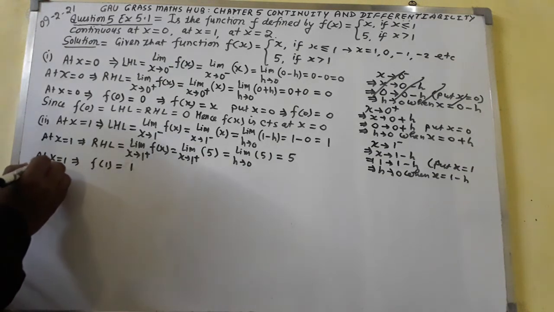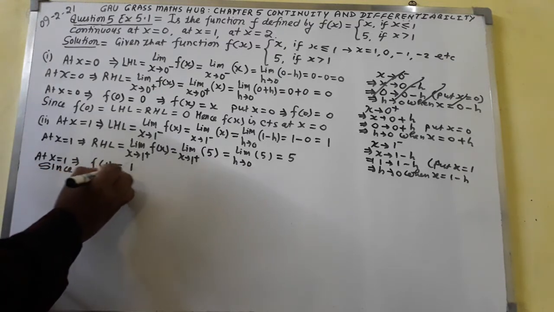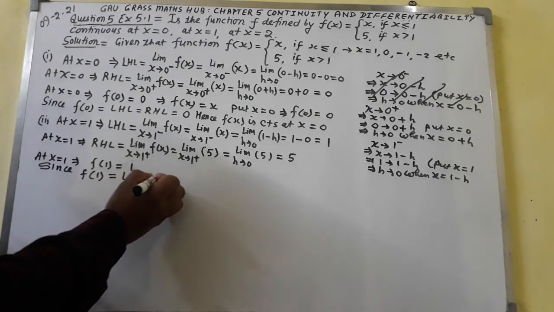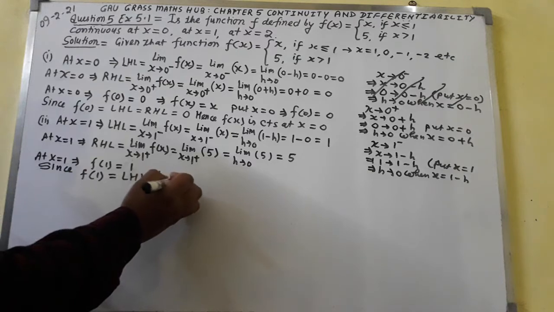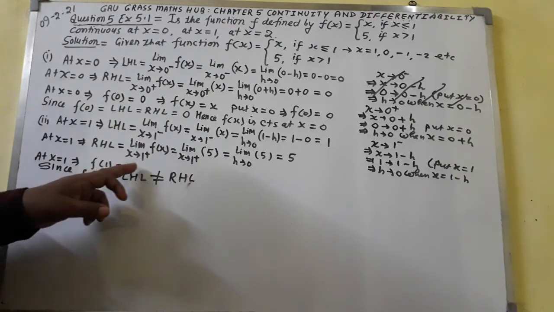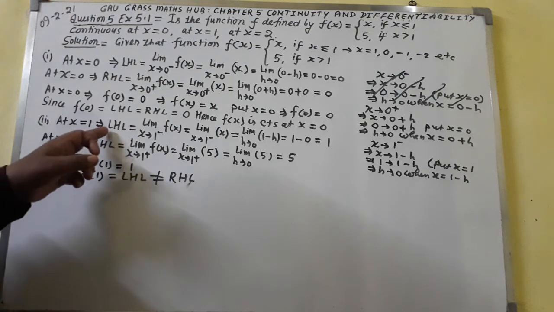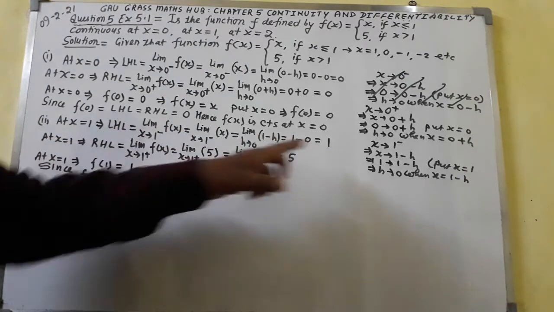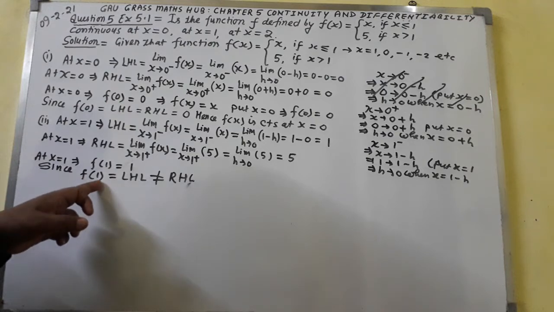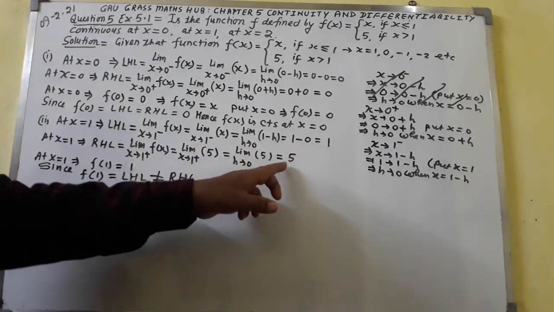So f(1) equals the left hand limit, which comes out to 1, but the left hand limit 1 is not equal to the right hand limit 5.